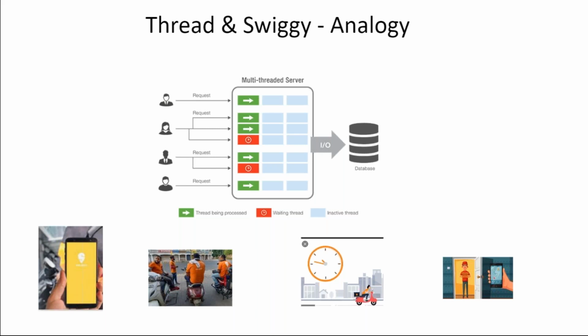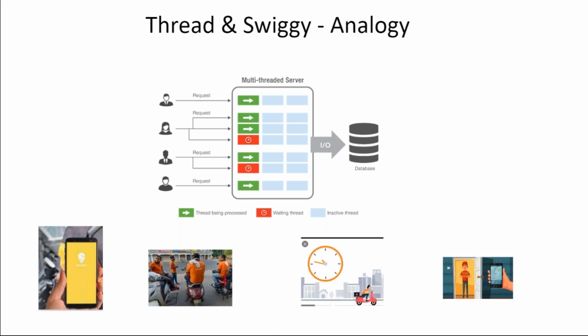Similarly, depending upon the number of food orders, they will get assigned to these many people who are waiting for the orders. If there are more orders, then your food delivery will get delayed, right? Because there are only 5 people employed, and if there are 7 or 8 requests coming at the time, then obviously your food delivery is going to get delayed.